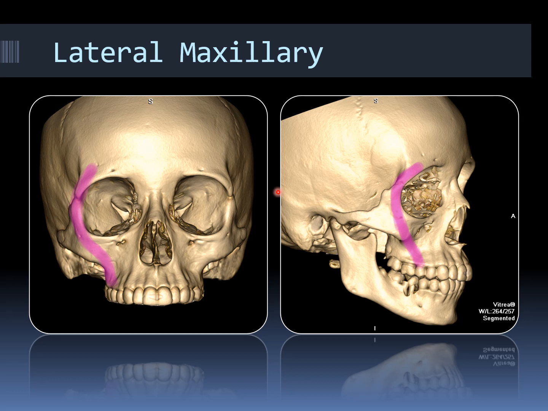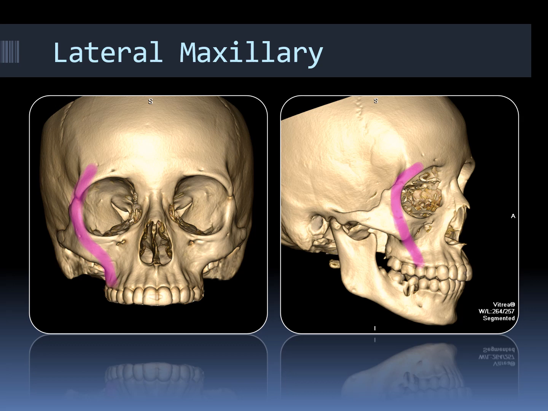The next is the lateral maxillary vertical buttress. So this is from your frontal bone going down to your lateral orbit to the maxillary area down to your alveolar area at the sides.